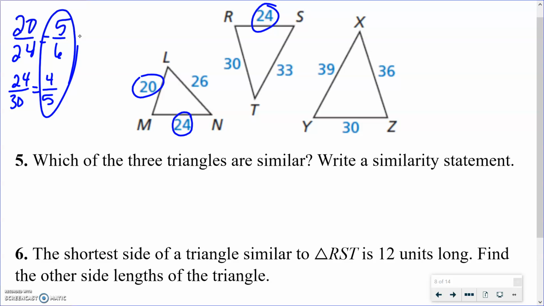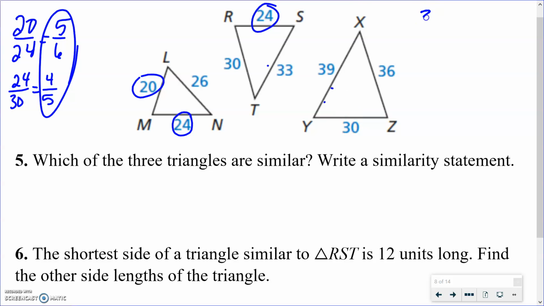Okay, I'm going to look here, and I also notice that the shapes of these look a little different. So I'm just going to take a stab at it and see what happens. I'm going to try this one here, this one, and this one, to see if they all have the same similarity ratio.